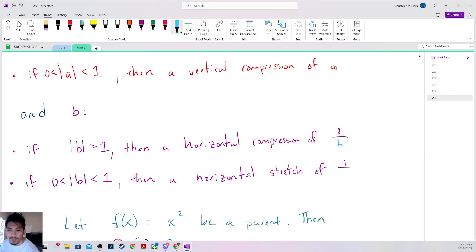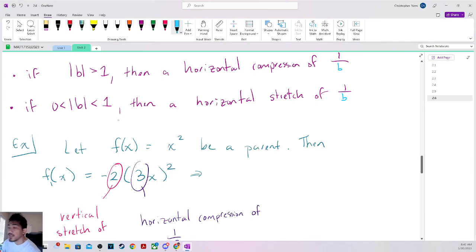It should be a horizontal compression of 1 over b instead, or swap the numerator and denominator. If it's between 0 and 1, if it's a fraction in particular that's less than 1, then we say it's a horizontal stretch. So remember, we have to reverse it. And we say it's a horizontal stretch of 1 over b instead of b.